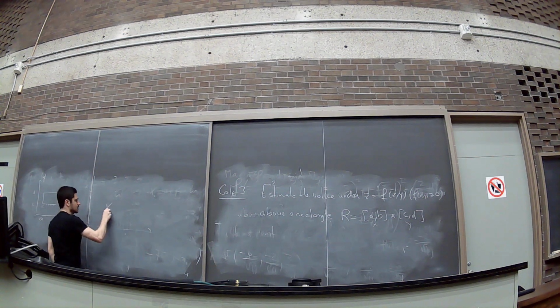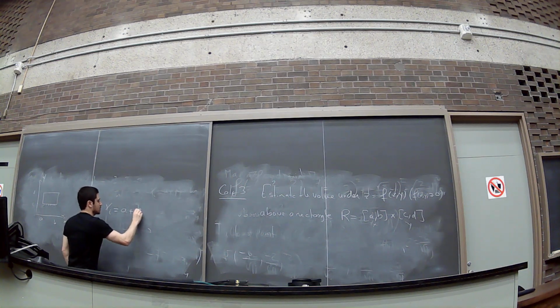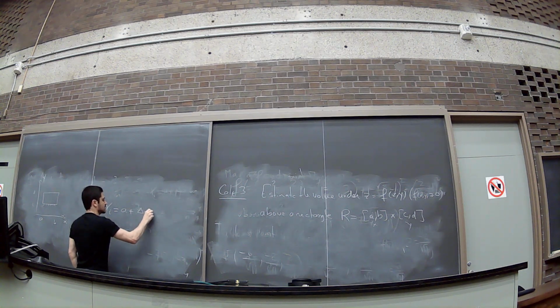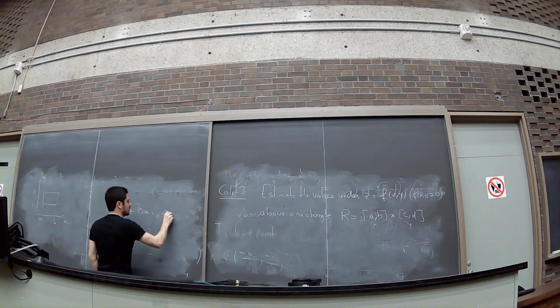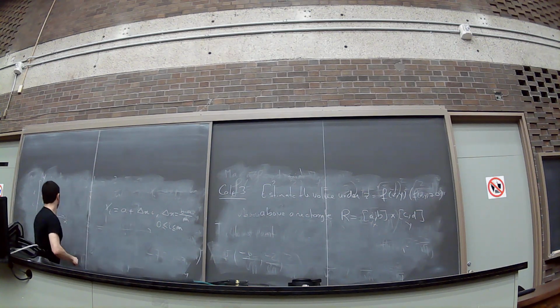Okay, so x_i, into say n subintervals, is a plus delta x times i, where delta x is b minus a over n, and i is between 0 and n. So we have here x1, ..., x_{n-1}, b.